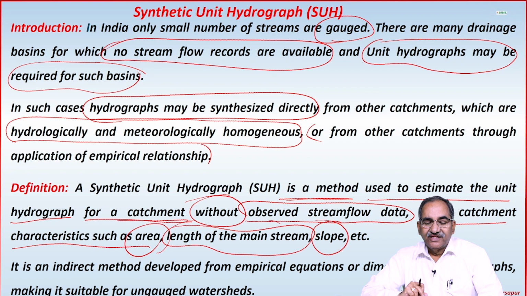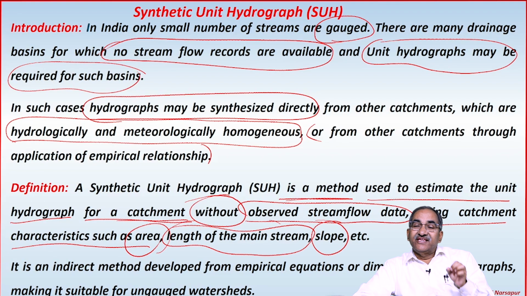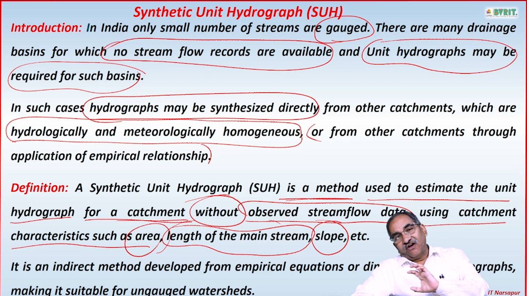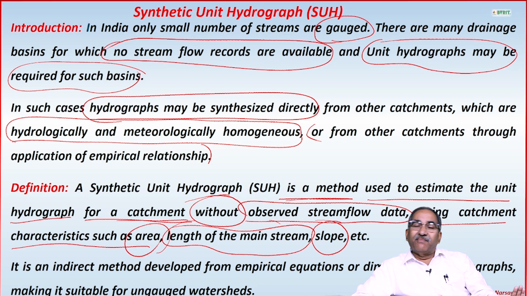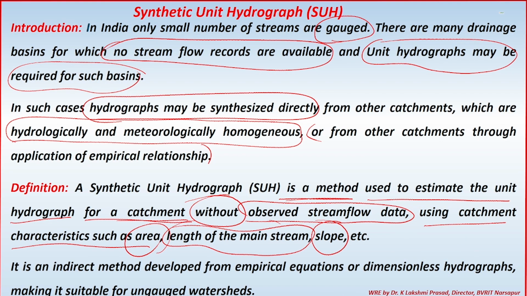Once again, a synthetic unit hydrograph is a method of deriving or estimating a unit hydrograph for a catchment without observed stream flow, by using catchment characteristics such as area, length of the stream and slope. This is the first thing.